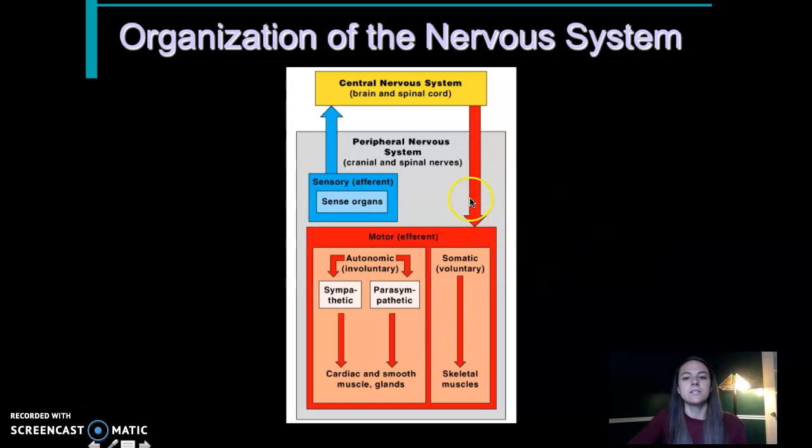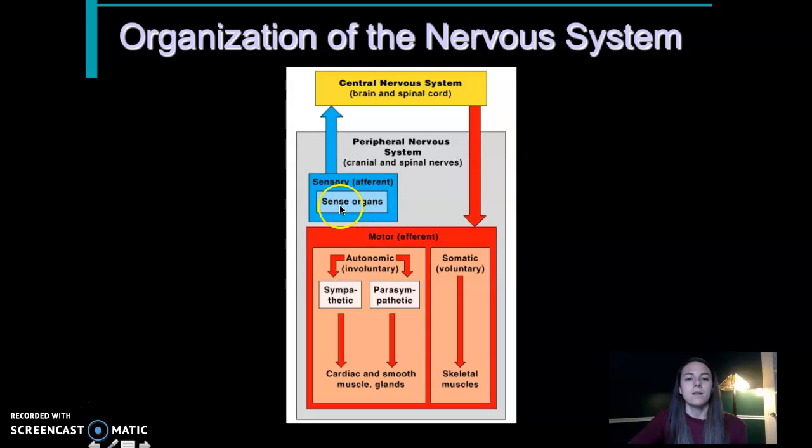All right, so this is just a little diagram to show you sort of how signals travel through the body. The central nervous system is the processing center. So this is where we process information. The blue box and arrow show information coming into the brain and spinal cord, and the red box and arrow show information coming out.